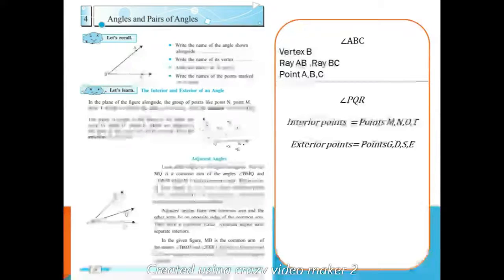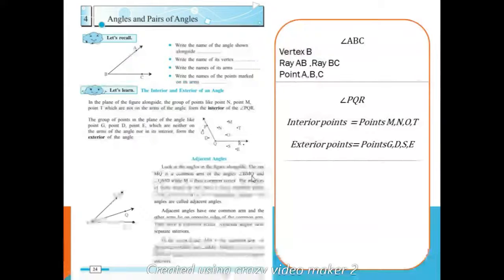And the points on the angle, as we have seen, are point P, point Q and point R. Now let's move further.